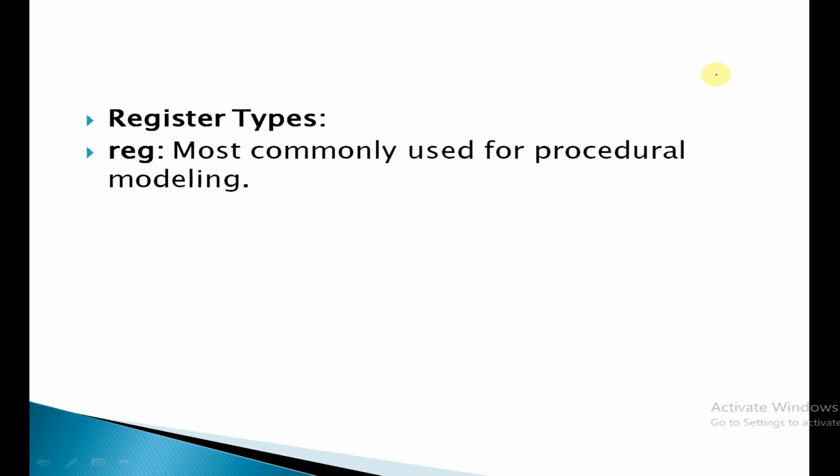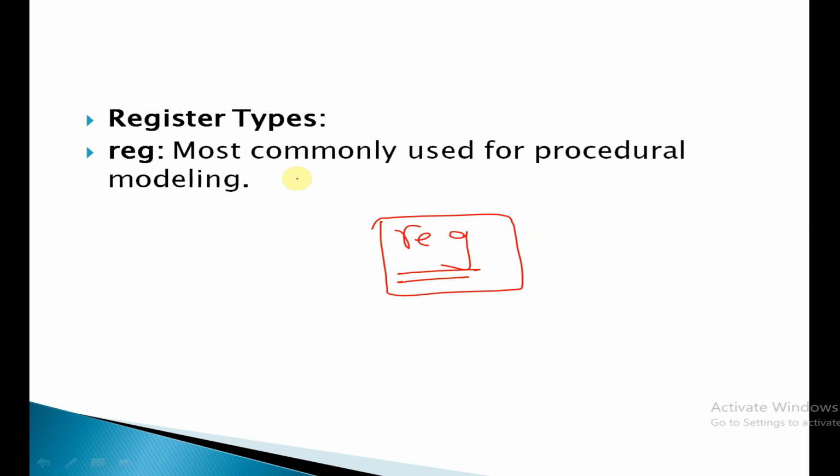The keyword for declaring this data type is small reg. And it is most commonly used for procedural modeling, that we will see in the behavioral style of modeling. So do remember the keyword, it is small reg.